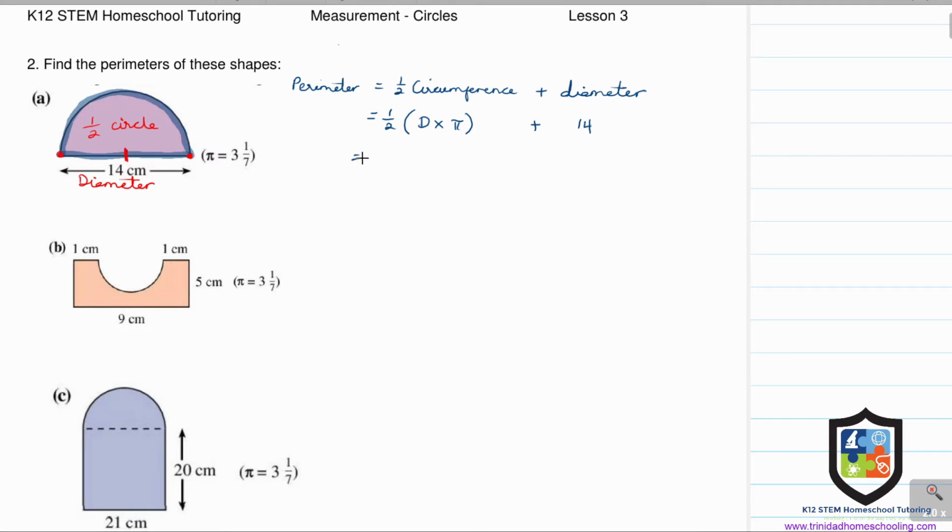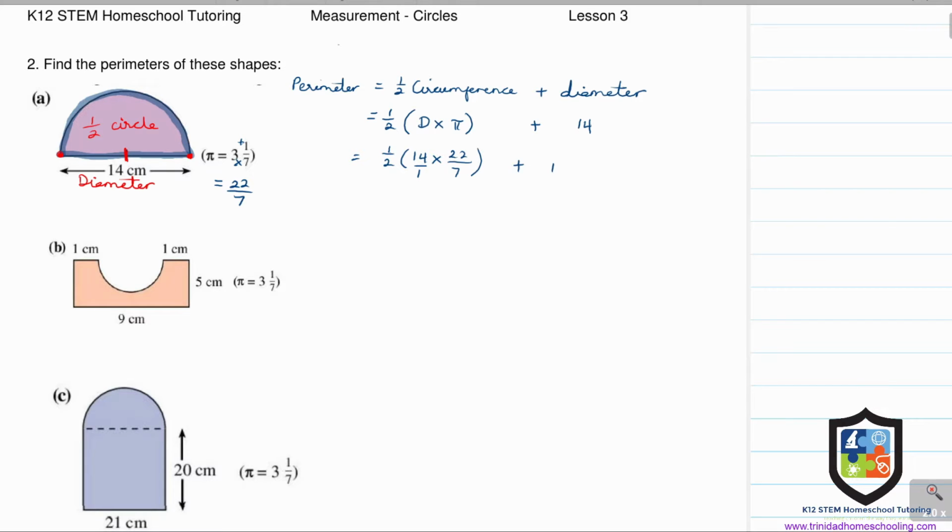Right, so let's substitute our values. We want a half of the diameter 14 times, now they said to use pi as 3 and 1/7. If we change 3 and 1/7 into an improper fraction, we will get 7 3s are 21 plus 1, which is 22 over 7. So they really want us to use 22 divided by 7 as our pi.